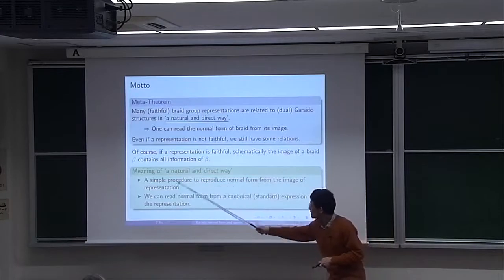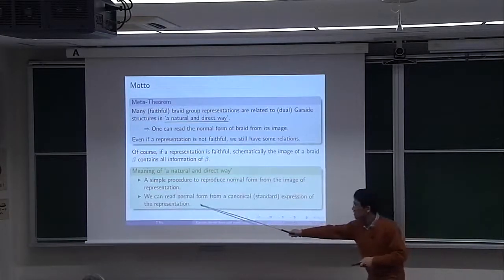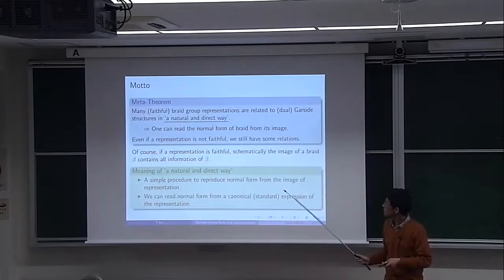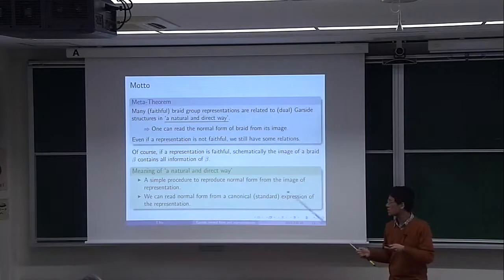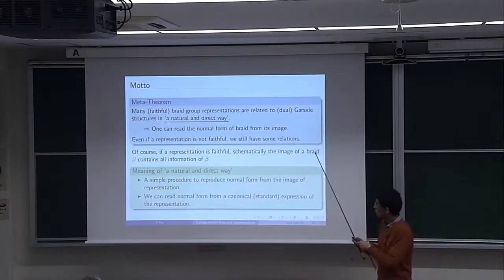Natural means that we can read the normal form from a canonical expression of the representation. In many cases, from the construction of the representation, we have a natural choice of basis. And using this basis, we can represent the braid as a natural matrix. Then, from this matrix, we can immediately tell what the normal form of the braid is.